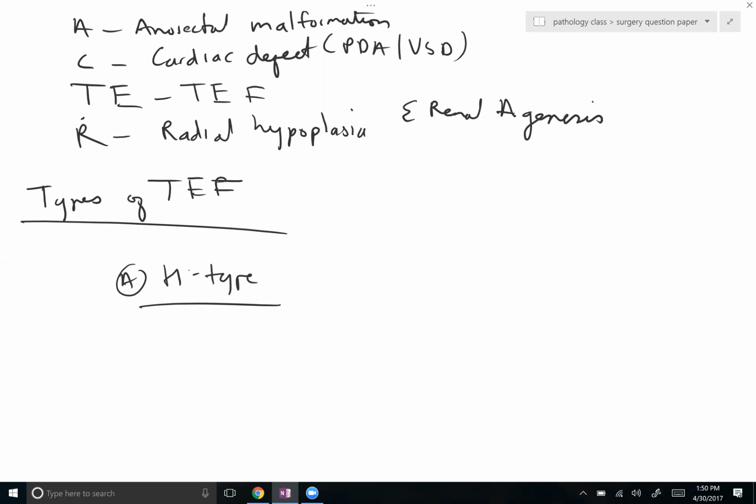In this one, we call it the H type because there is an abnormal connection between the bifurcation of the lungs, the esophagus, and the oral pathway or oropharynx. So the first one is the H type.